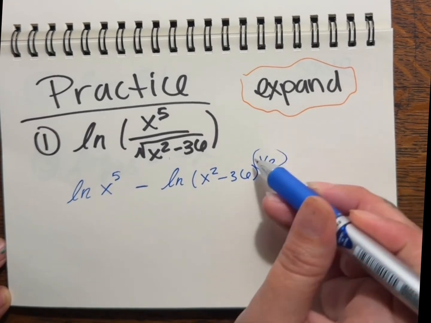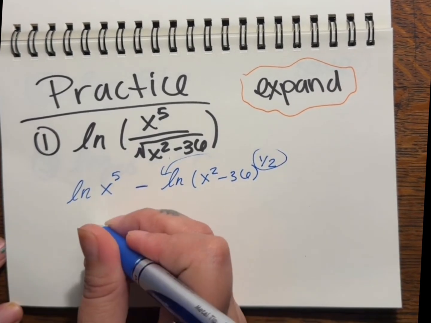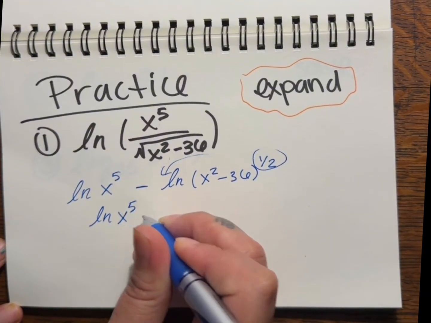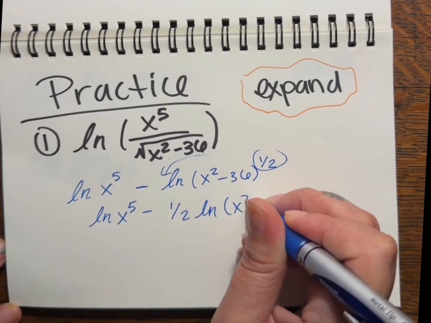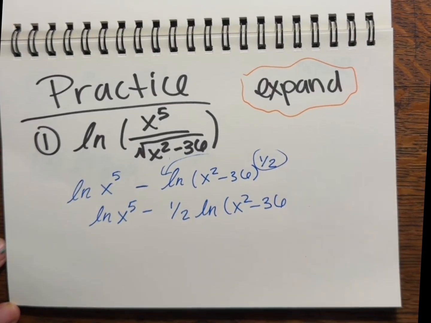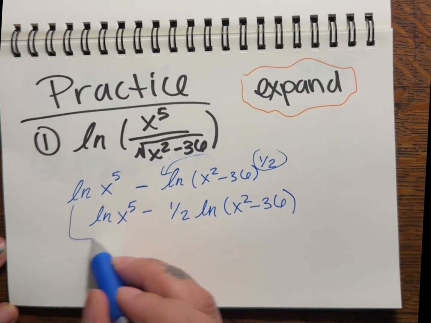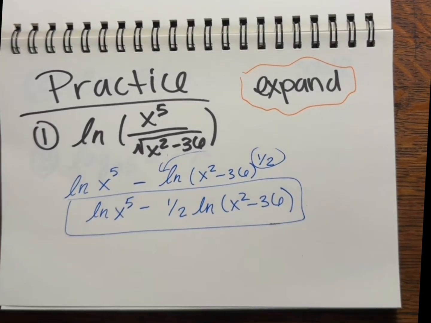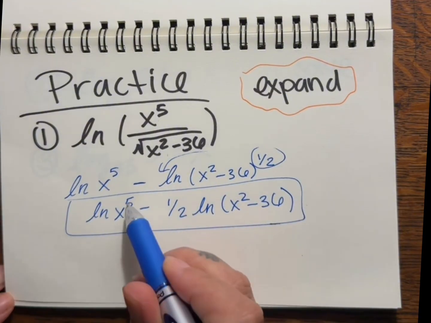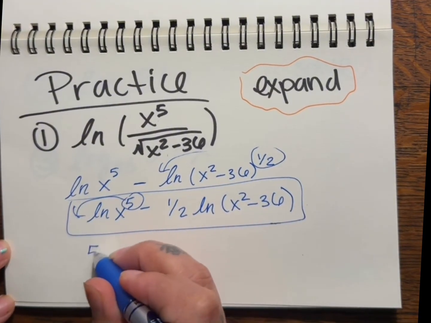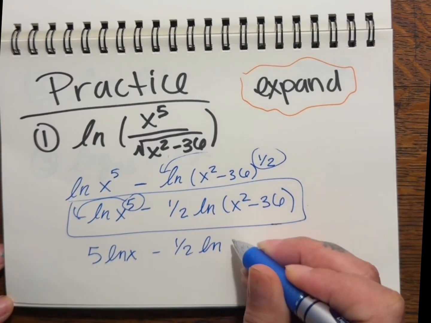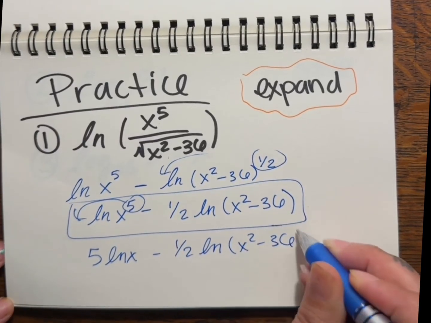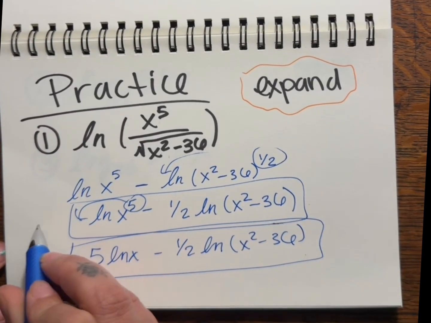And then we could bring these powers to the front, which is one of the other properties. So the answer is 5 ln x minus 1/2 ln of x squared minus 36.